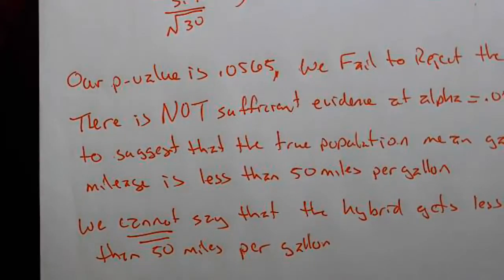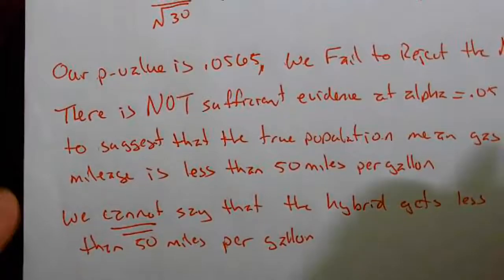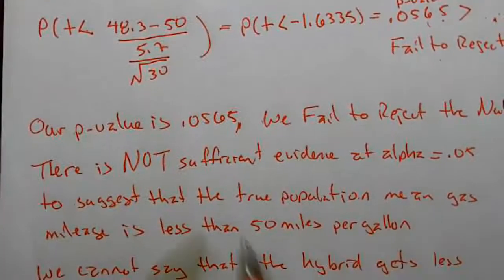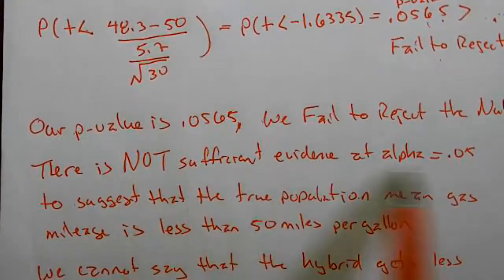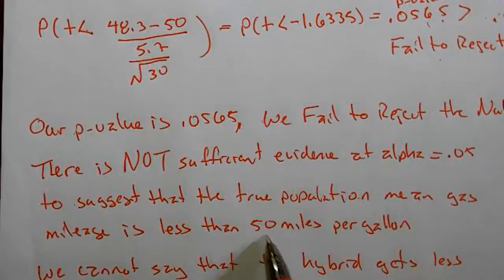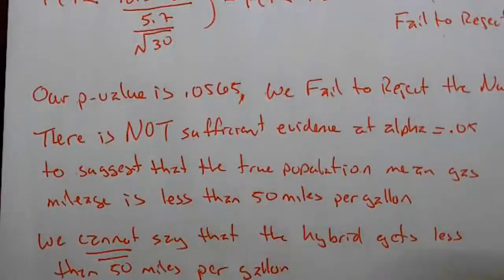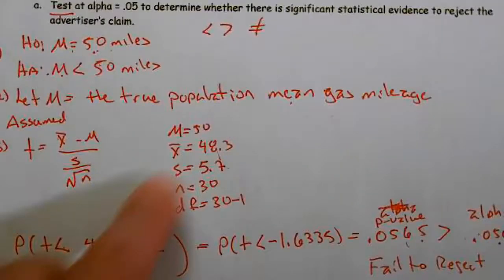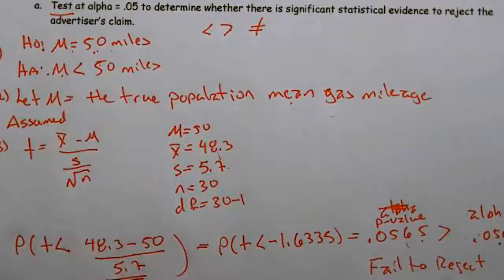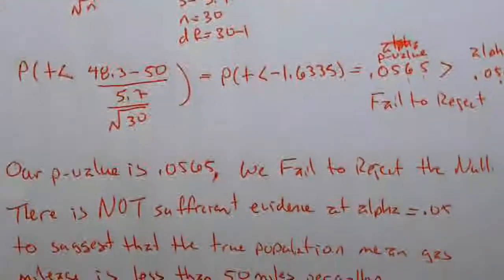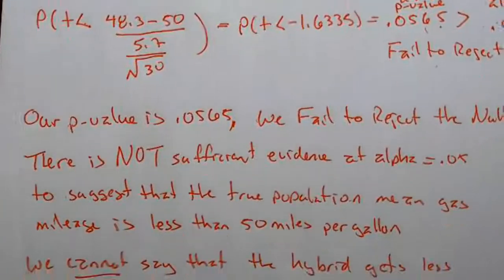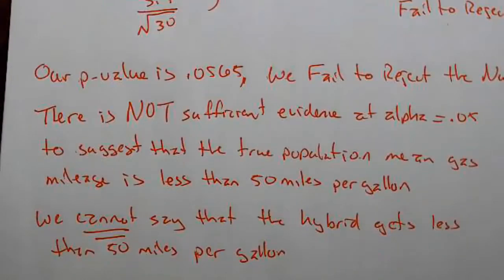Why? Because here's what we said, there is not sufficient evidence to suggest that the mileage is less than 50. We can't say that. You're like, well, wait a second, 48.3 is less than 50. Yes, but that could happen by random chance. It's not far enough away for us to say that it is. So this concludes video number 3.